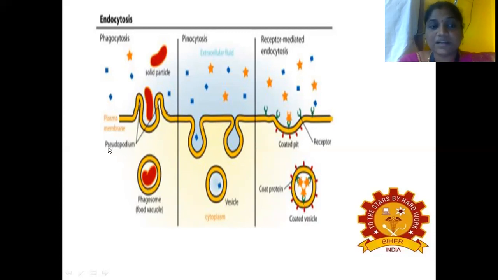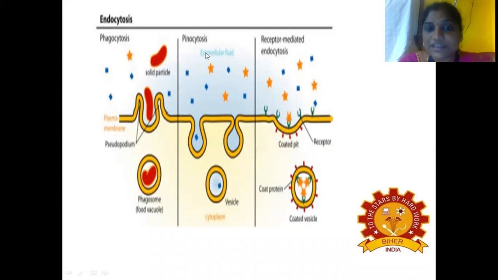For example, a bacterium. In phagocytosis, it has identified the solid particle, a bacterium, and this bacterium is immersed within the cell membrane. It forms a vesicle called a phagosome. In this vesicle, the solid particle is trapped. So this is one type of endocytosis process.